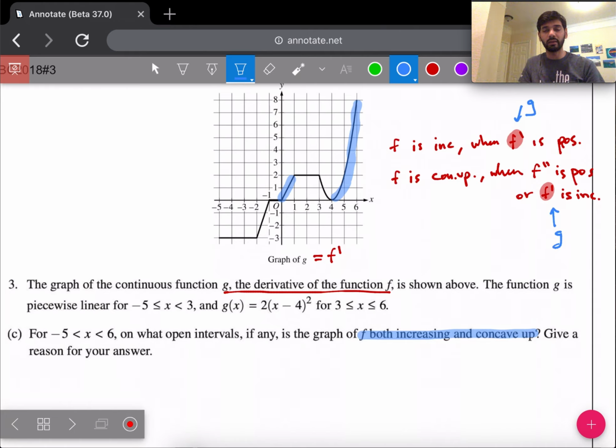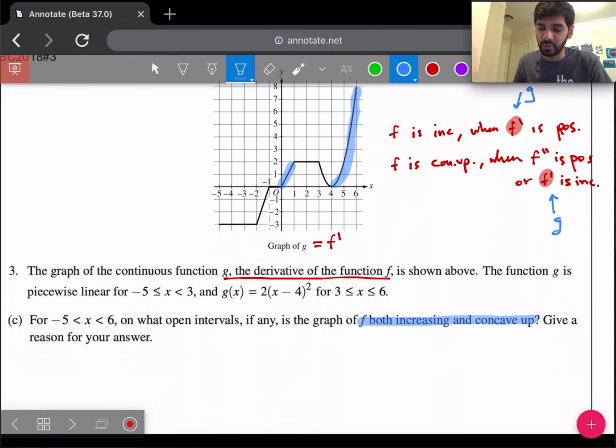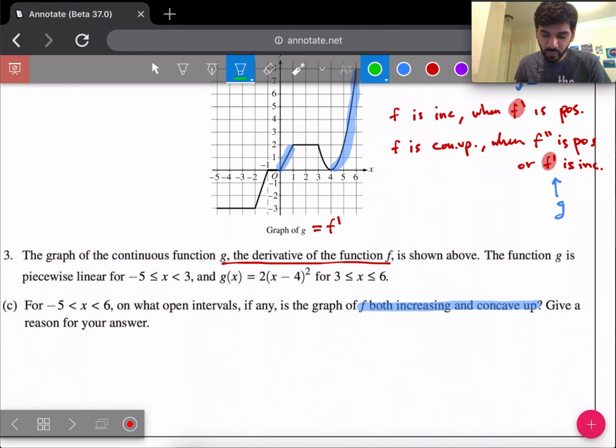So those two highlighted portions are when we have both f is increasing and concave up. So now I need to write this all out nicely and neatly in a couple of sentences or in a sentence. So when you write your sentences and your statements, when you give a reason for your answer or justification and for your response questions, you need to be really precise and thorough in your sentence so you don't leave anything out. That would be essential to giving you points.